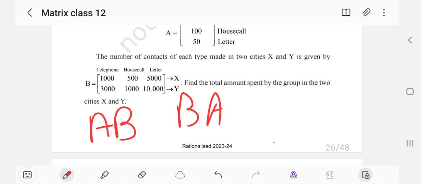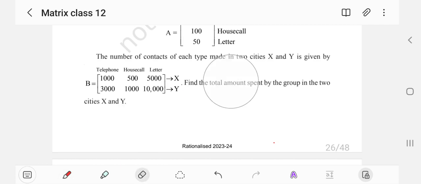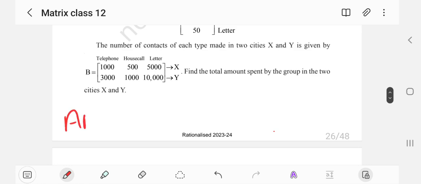How will we check? At the end we have to find the total amount, which means we have to make a multiplication. We have to see which way it is compatible. If I multiply A with B, let's see whether this multiplication is compatible or not.